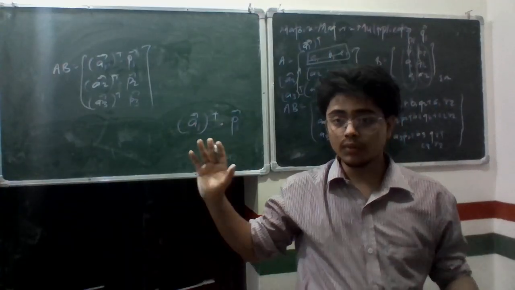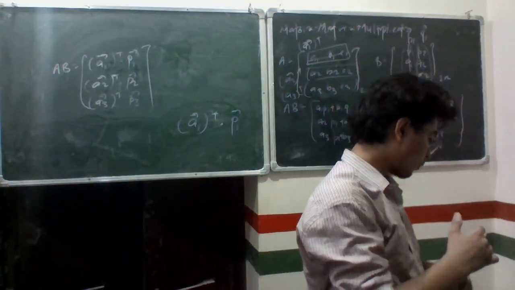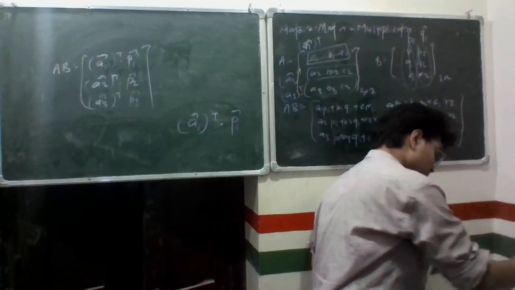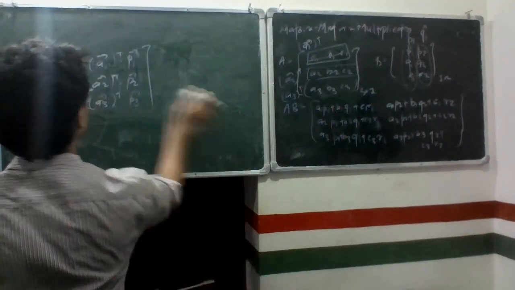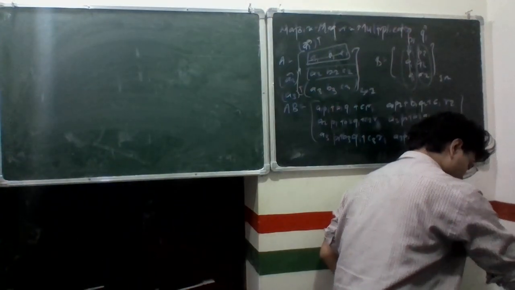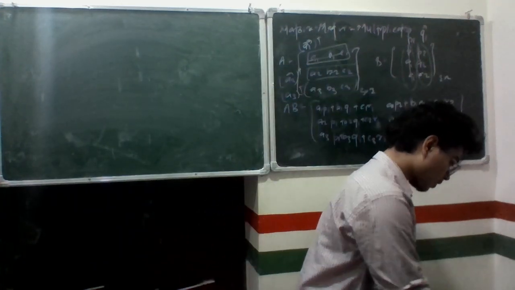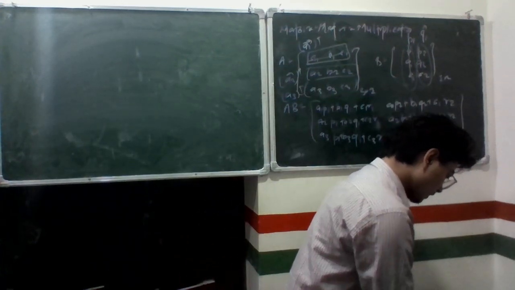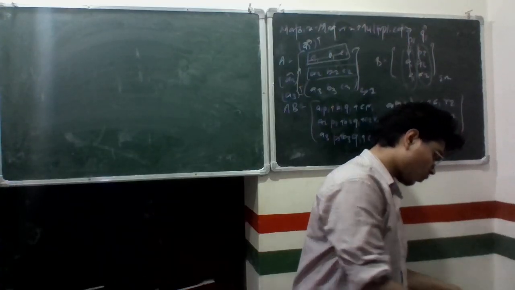So from this, what can we conclude in general? In general, we can write the matrix in terms of linear combinations. Linear combinations of what? Of the rows and columns.